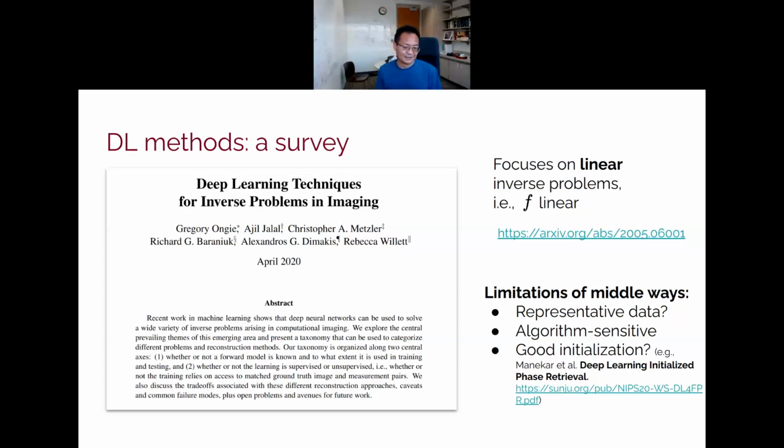But unfortunately, this integration of deep learning and a traditional formulation or traditional numerical method doesn't get rid of that requirement. So if you don't have a good initialization by whatever means, you probably are not going to get a good result there.